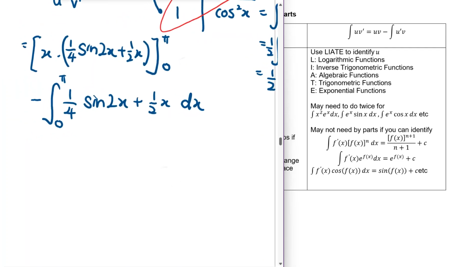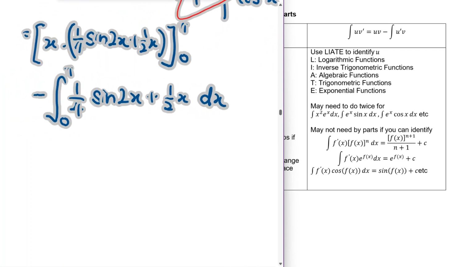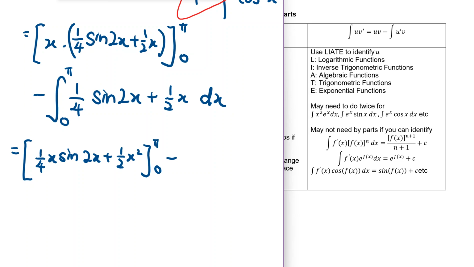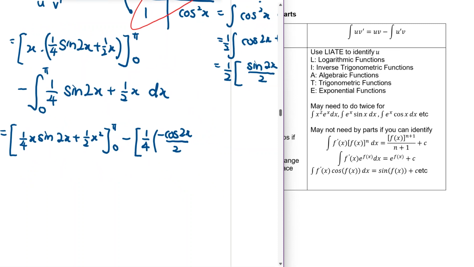And because I multiply by 1, I don't have to care about that. So as I put in my value of pi for the first expression that is already integrated, I actually should make it nicer first. 1/4 x sine 2x plus half x squared with a pi and a 0 over here, minus, I can split all of them up, no problem, or I can just keep them inside. 1/4 integrate sine is negative cosine 2x over 2, plus half x squared over 2 with a definite integral pi and 0.